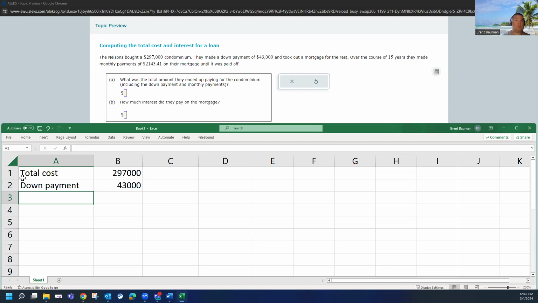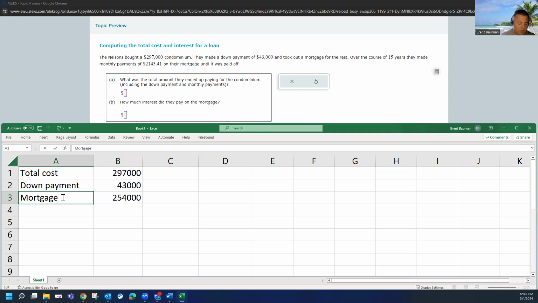So the mortgage is going to equal our 297,000 minus the down payment. So that's in B2. Okay, so we're taking B1 minus the down payment.